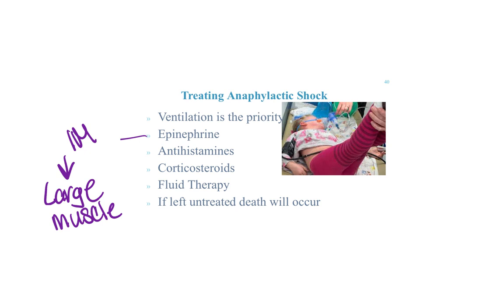Epinephrine in the hospital, we can do IV steroids. So systemic, we want systemic corticosteroids. Fluid therapy is going to help treat hypotension. And if we don't treat this, death will occur. So the airway will swell, and we will see death.